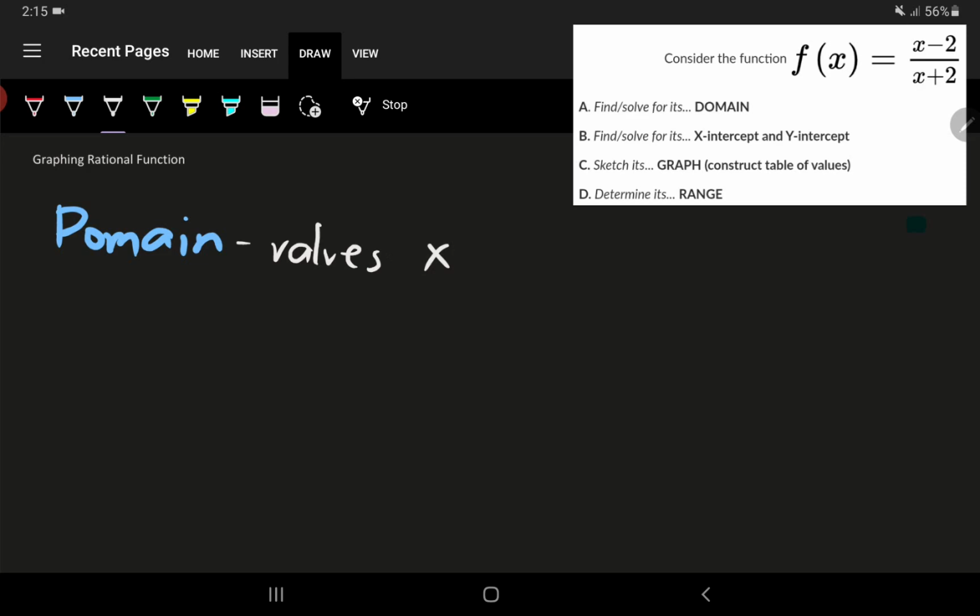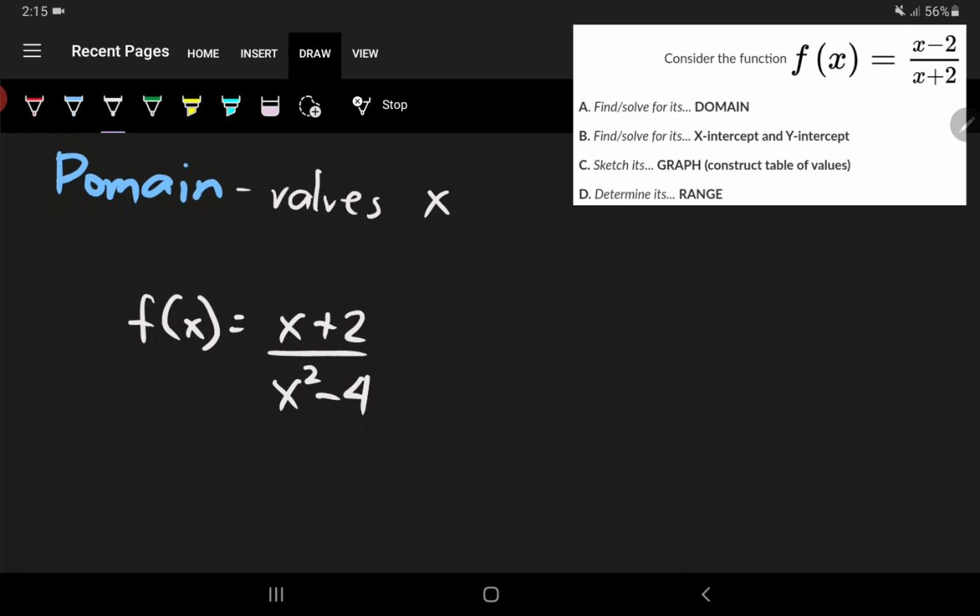We know the concept in fractions: if our denominator is equal to 0, automatically that entire function becomes undefined. So for example, let's say we have this given function, f of x is equal to x plus 1 over x squared minus 4, and we are asked to solve for its domain.